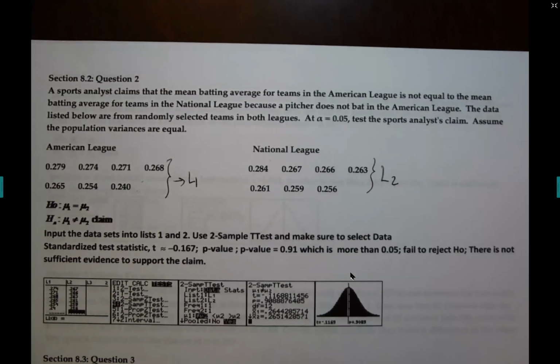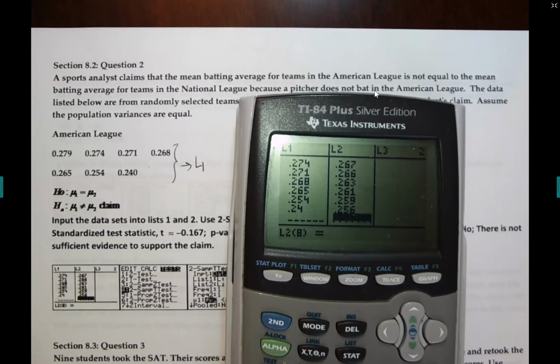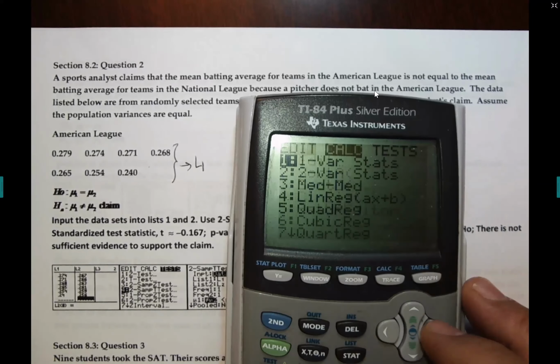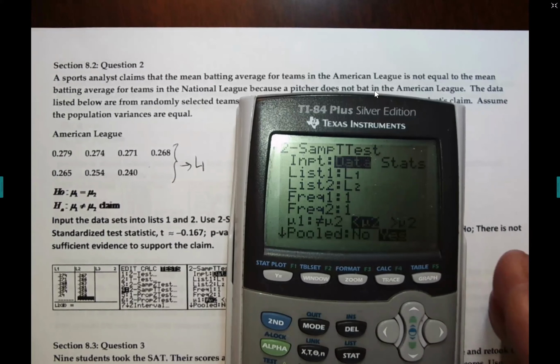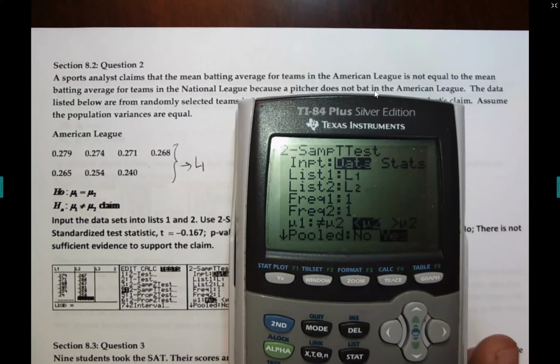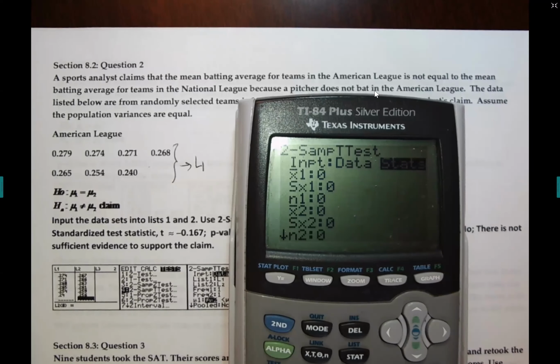So I'll pause the recording for a second. So we have the data in L1 and L2. Now we go to STAT, TESTS, 2-SampTTest. Data, you don't do Stats here, because if you do Stats, it's gonna ask you for a summary, guys. We don't have it. So just do Data.